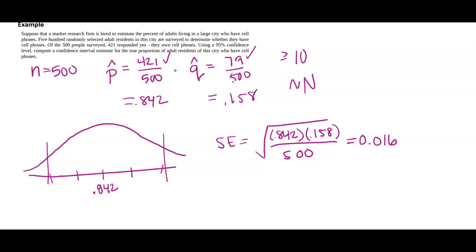So let's figure out what this piece is here. That's going to be 0.875.